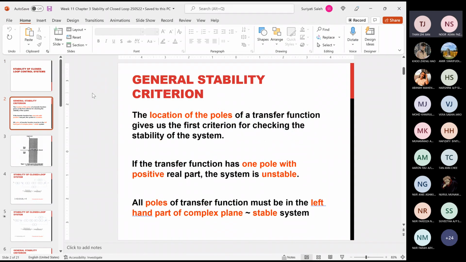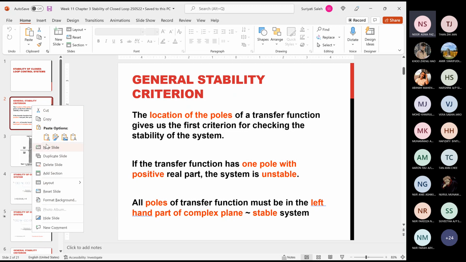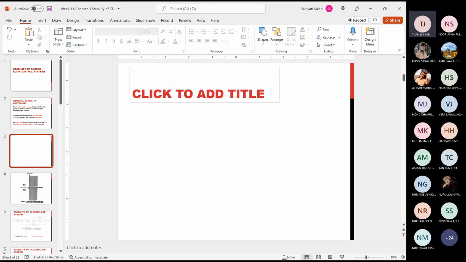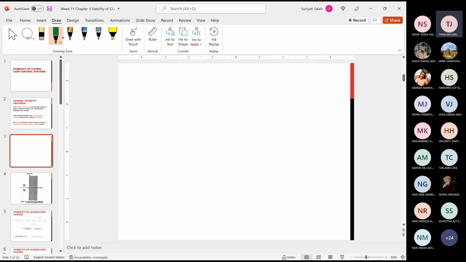Normally the general stability criterion is based on the process response. We can take a look at the transfer function. Let's give you a simple example to get a clear idea. Let's say we have the transfer function in the form of the first order, 1 over 5s plus 1.